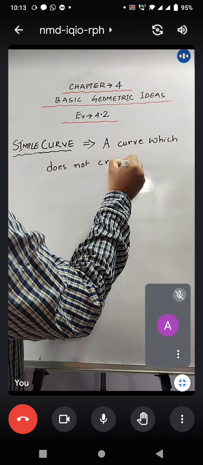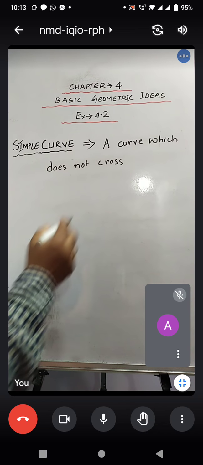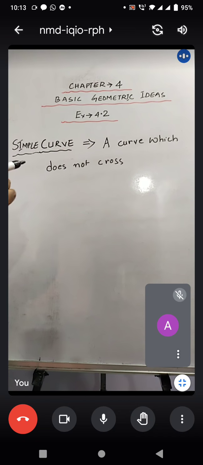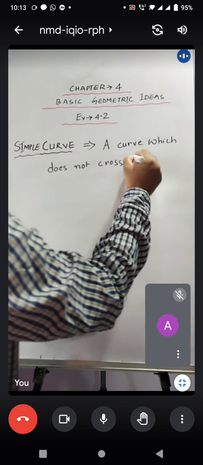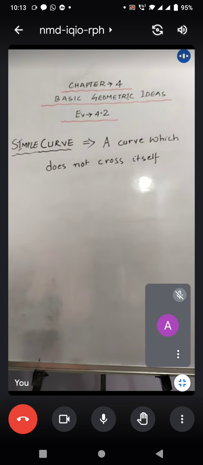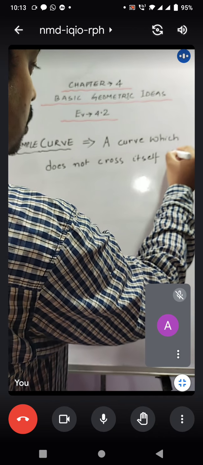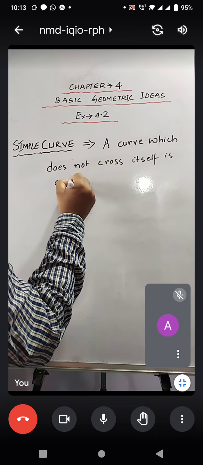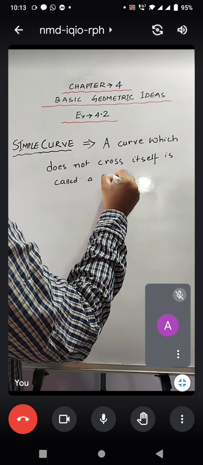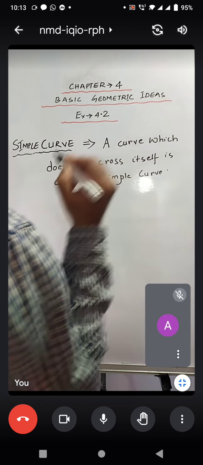I will make you understand when I draw some figures, so you will understand better. You can write: is called a simple curve. Now let me show you some examples.